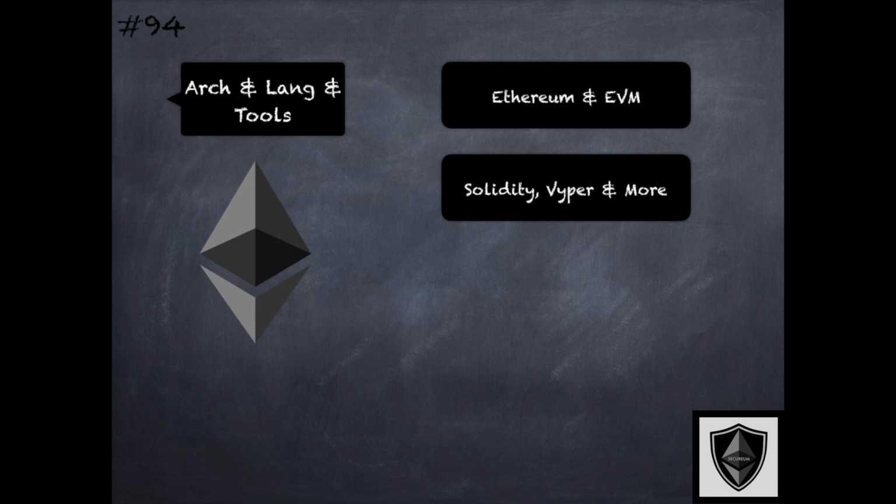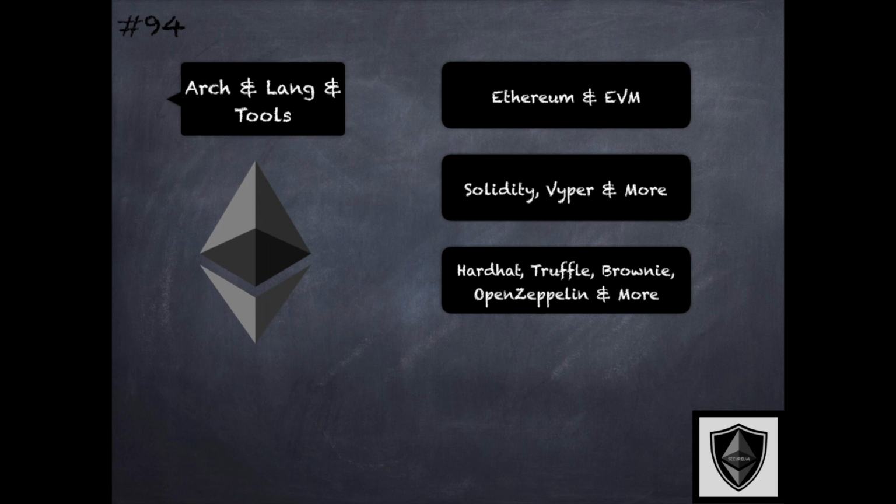Now, if you look at the languages that are used to write smart contracts, again, something very unique to Ethereum, very unique to Web3, there are a handful of them. There's Solidity, which is by far the most widely used smart contract language. There's Viper, that is used by a couple or more of some popular projects. And there are a handful of others that are being researched upon.